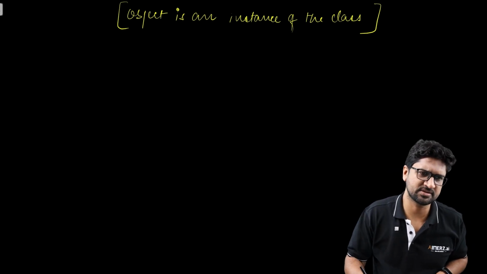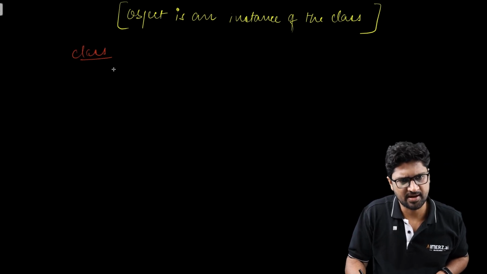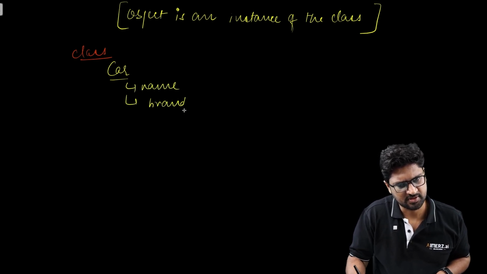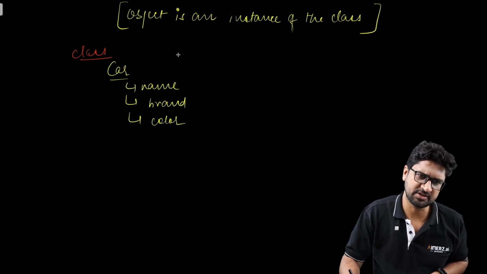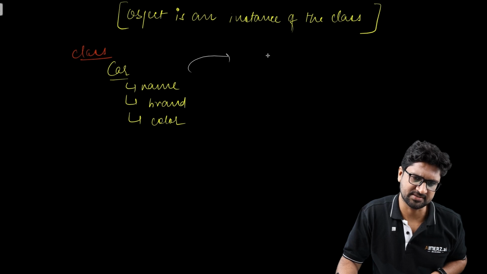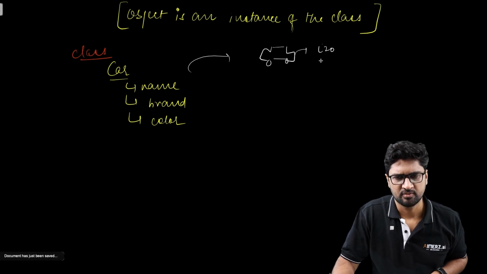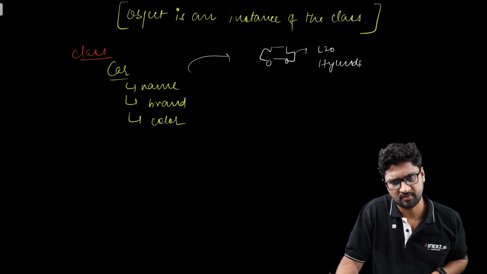Another example: one of the classes could be, for example, car. Every car should have a name, a brand, and a color, right? And if I talk about the objects, one of the objects would be a specific car whose name is I-20, whose brand is Hyundai, whose color is red.